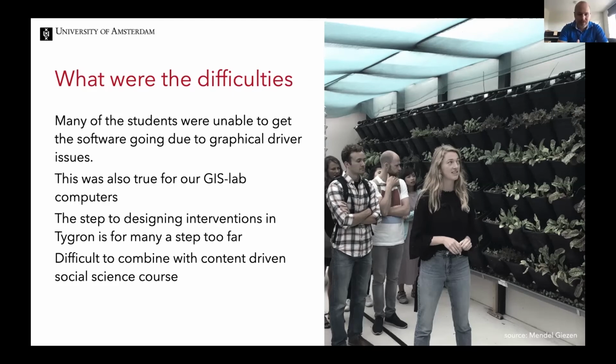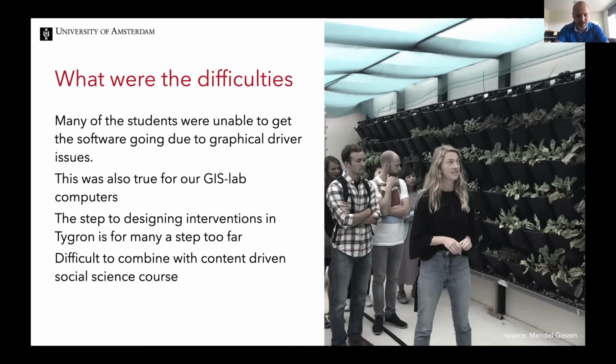And finally, it was difficult to combine with the content-driven social science course, because we had certain subjects and we tried to align the subjects with the interventions and the technical aspects.